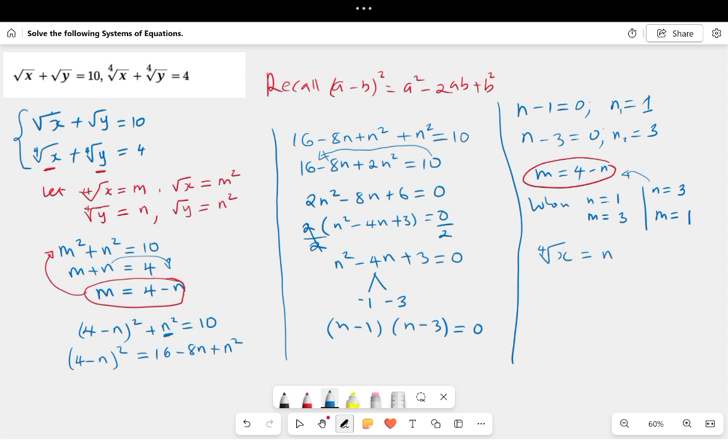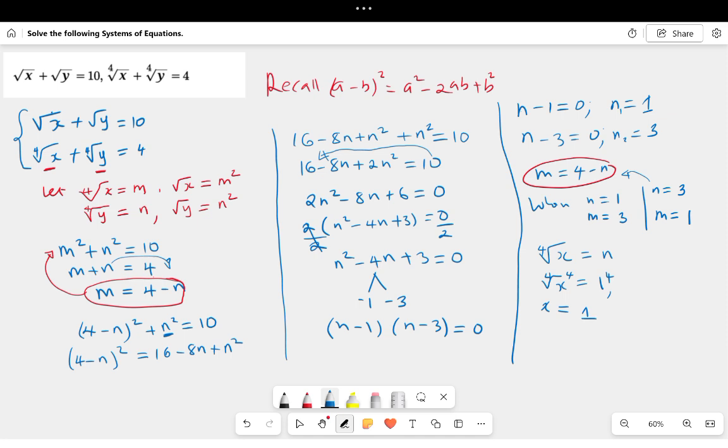And therefore, in the case above, we are going to say the fourth root of x will be equal to 1, and therefore our final answer for x, by simply raising to power 4 in each case, is going to be x is equal to 1.